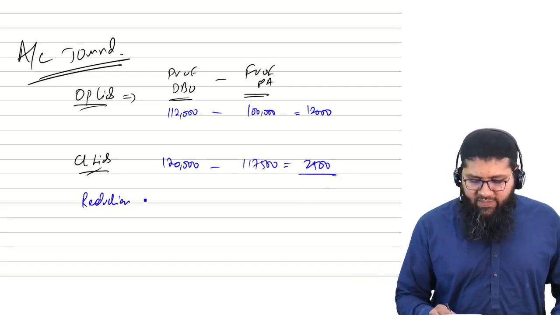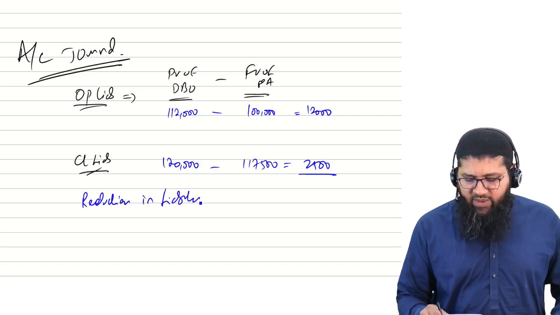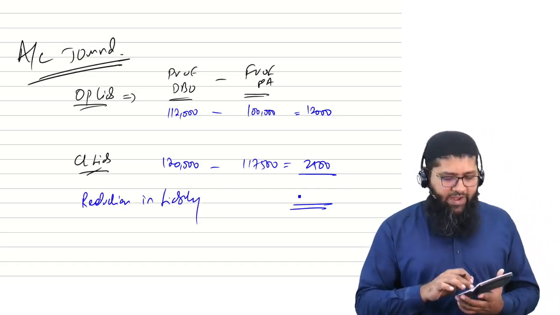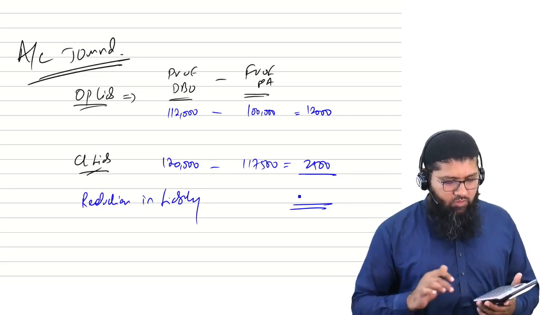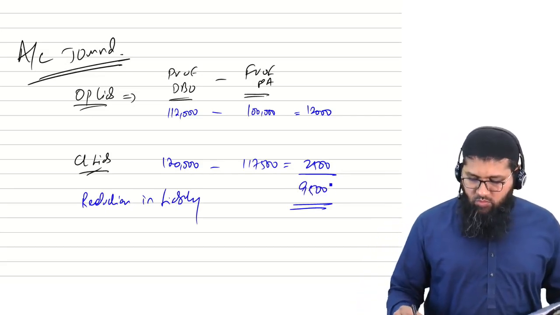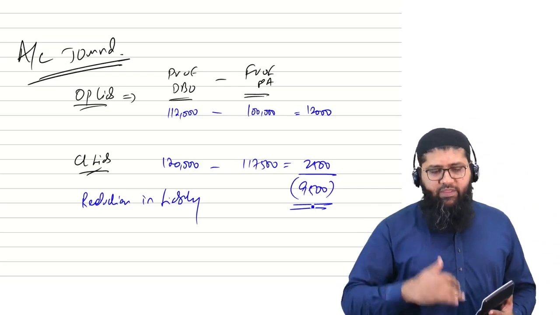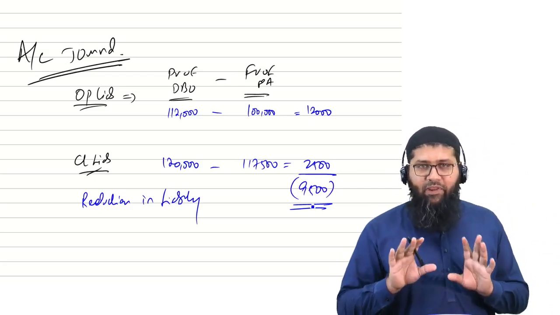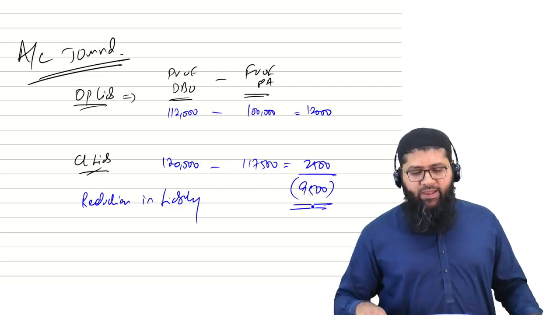So there is actually a reduction in the liability. How much is the reduction? 9,500 is the reduction in the liability. I'm trying to tell you what the accounting journal is going to be.